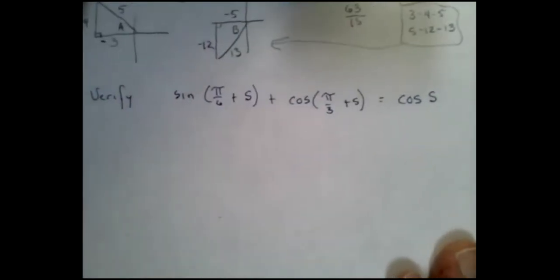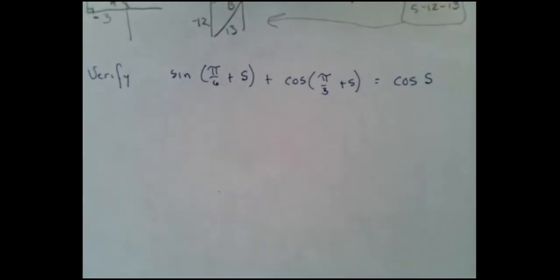One last problem. There it is. Verify. We're back to what we did the other day. I have to pick a side to work on and go to town. Which side would you like to work on, left or right? Left. Yeah, left.